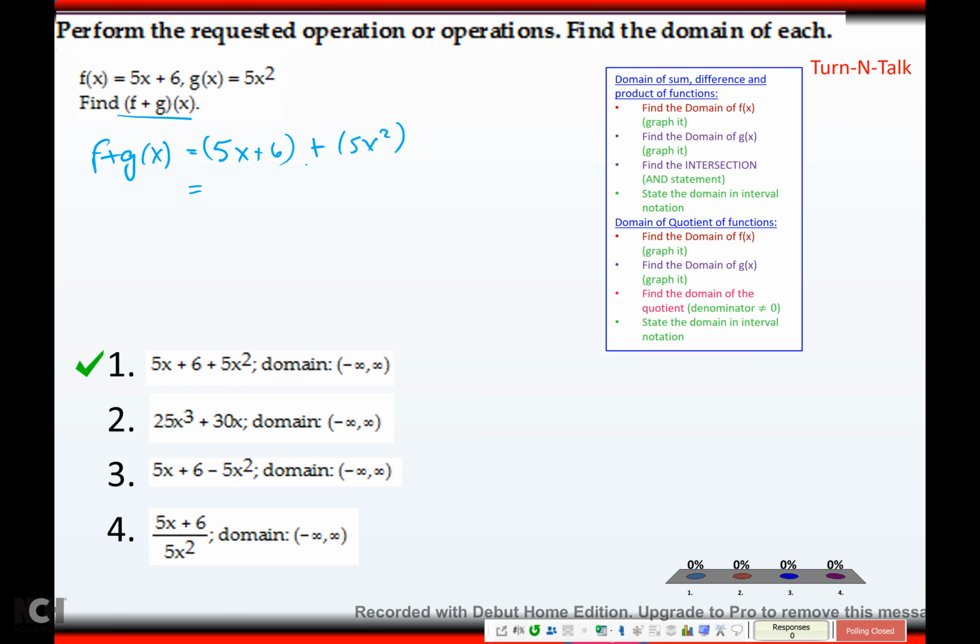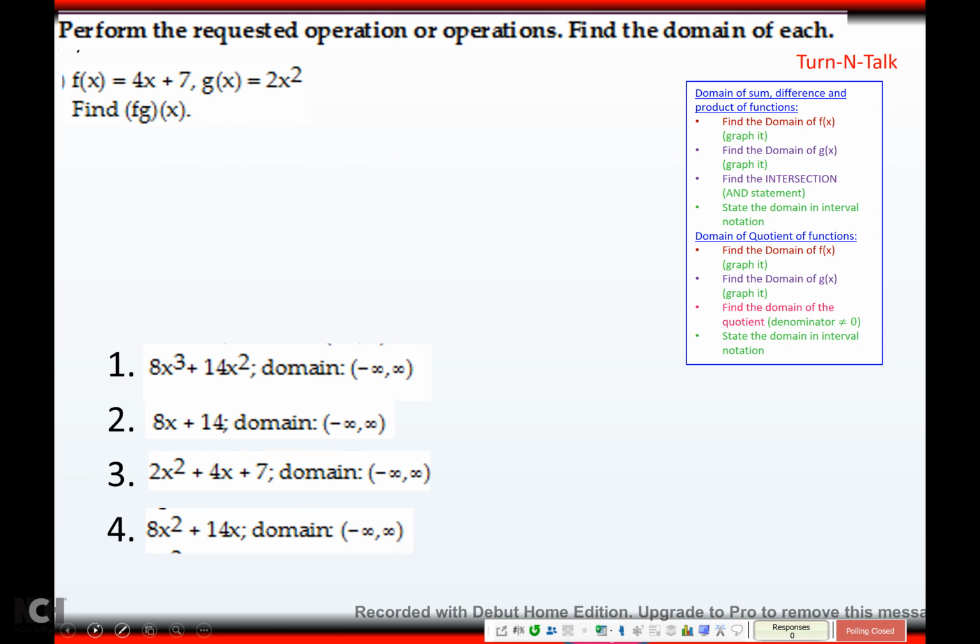Well, nothing to distribute, so it's 5x plus 6 plus 5x squared. And they actually just left it like that, but you would not be wrong if you wrote it in descending order in polynomial form. There's no drama, no denominators with variables, no radicals with variables, so my domain is negative infinity to infinity.